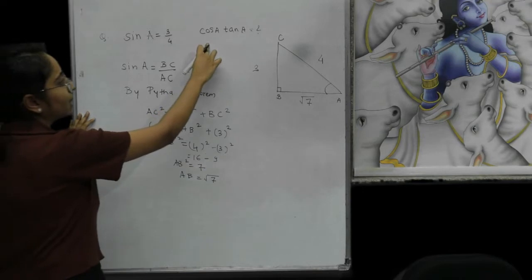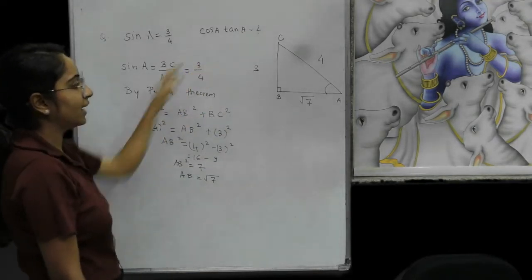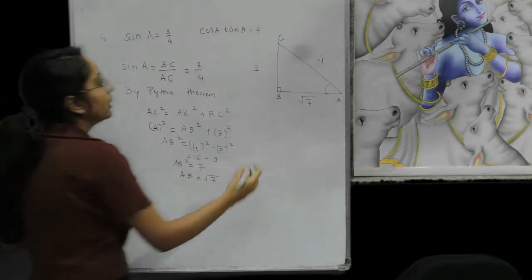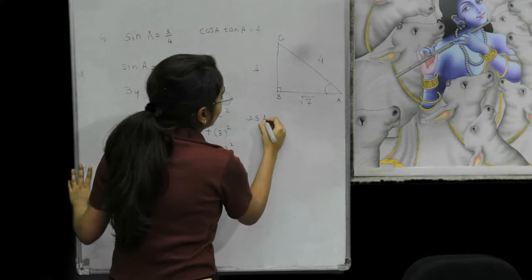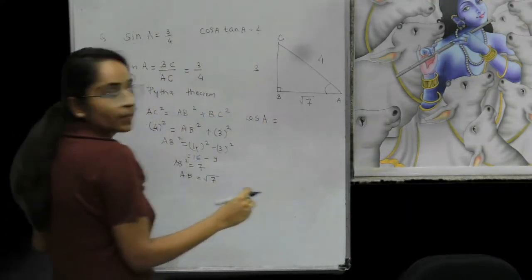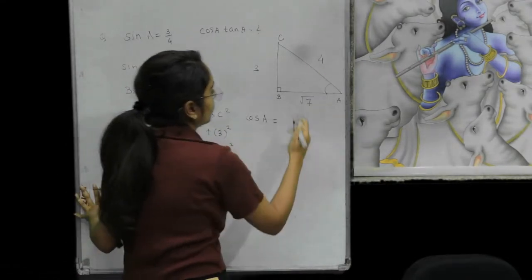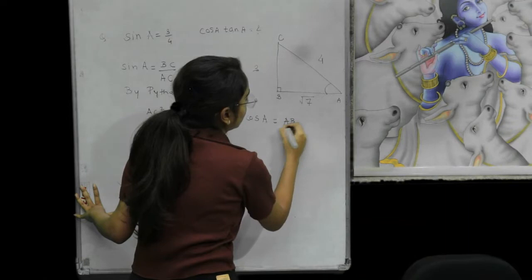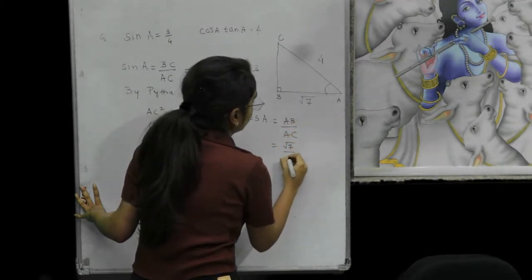Now the given question asks for the value of cos A and tan A, and all the three sides are known. So we will find the value of cos A first, and then we will find the value of tan A. So cos A comes to be the side adjacent to angle A upon hypotenuse, which comes to be AB upon AC, which is root 7 upon 4.